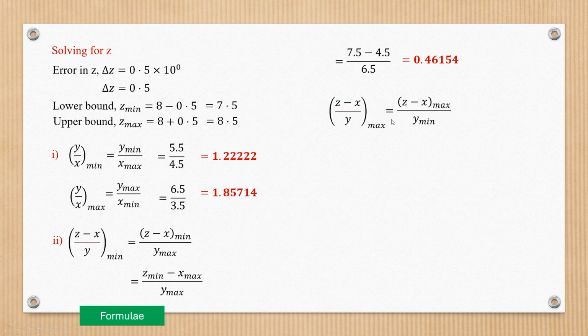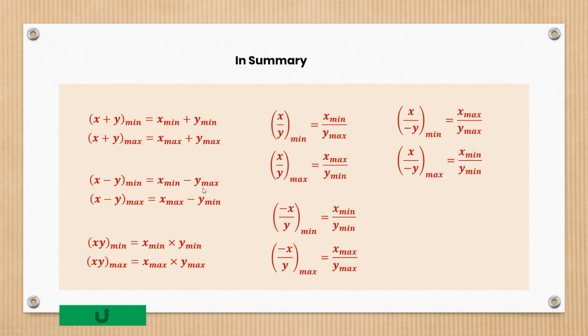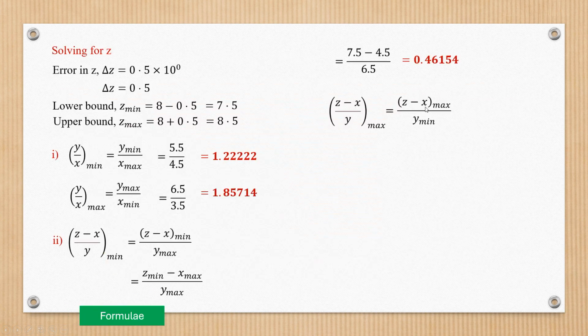How do we get the maximum value of a subtraction? Let's look at it. And then this is what we have. So in this case we'll have z max minus x min over y min. Now the maximum value of z is 8.5, x min is 3.5, and y min is 5.5. So I'll have 0.90909 as the maximum and minimum values.